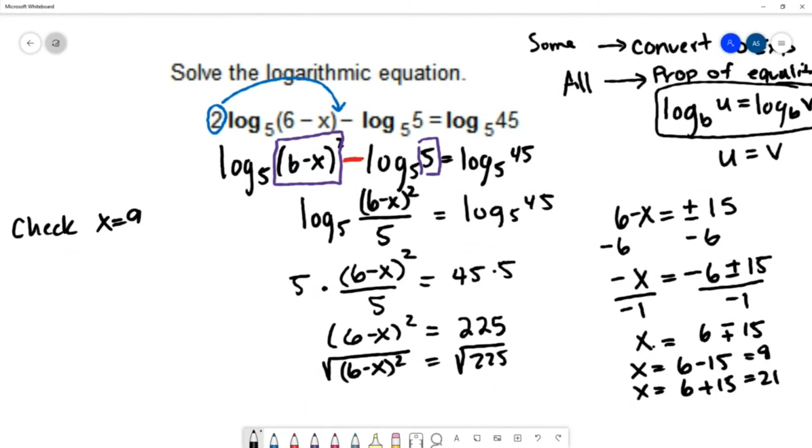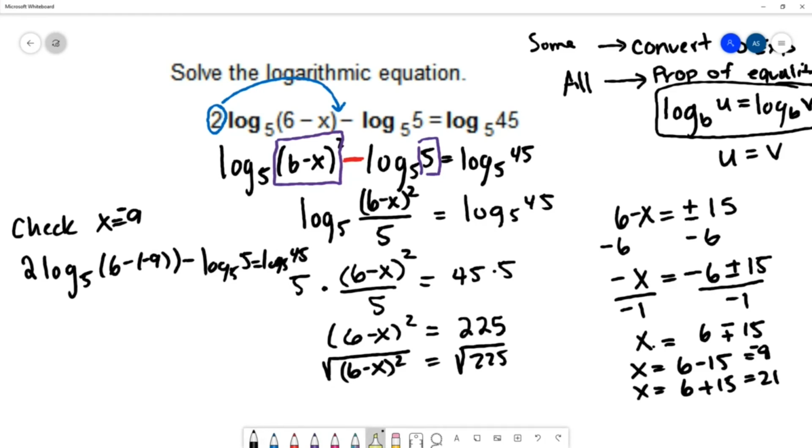x equals 9. We have 2 log. I've made a mistake here. I apologize. 6 minus 15 is a negative 9, not a positive 9. So it's negative 9. 2 log base 5 of 6 minus negative 9 minus log base 5 of 5 equals log base 5 of 45.